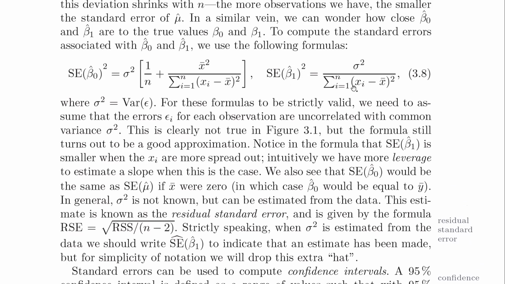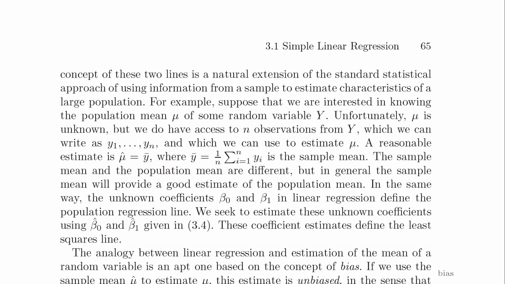Look, the greater the difference between each x, the input variable, from the mean of x, the larger the denominator, so the smaller the standard error. Intuitively, we have more leverage to estimate a slope when this is the case. What does that mean, more leverage?